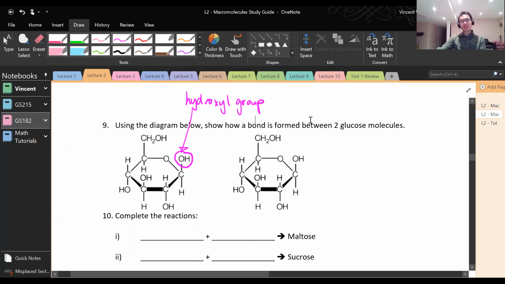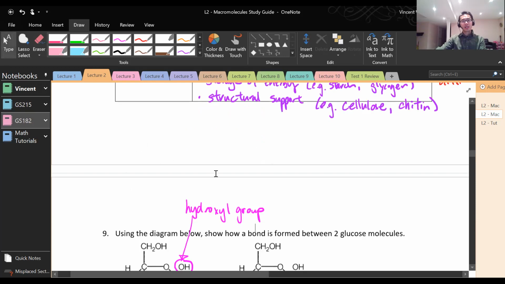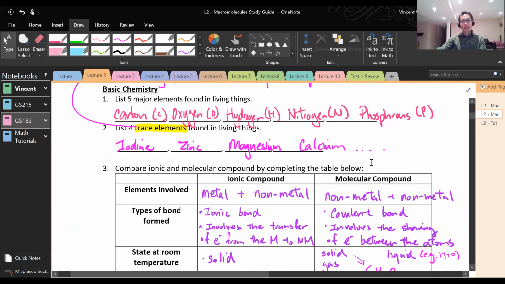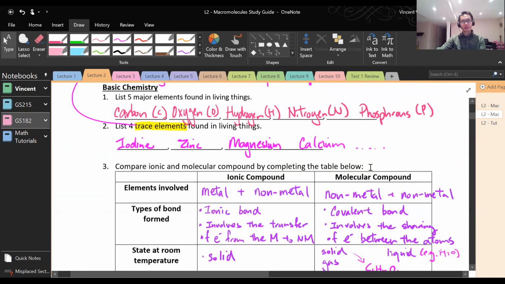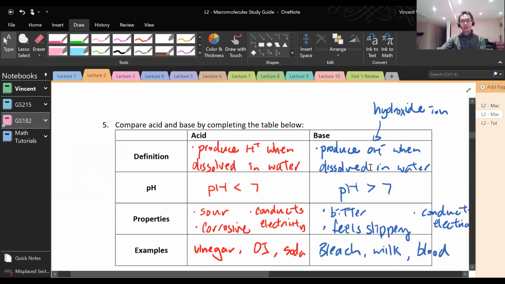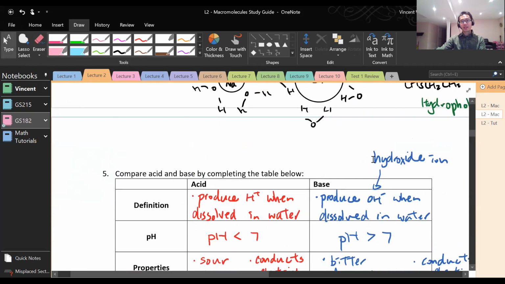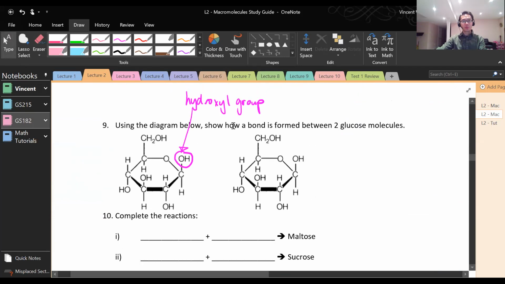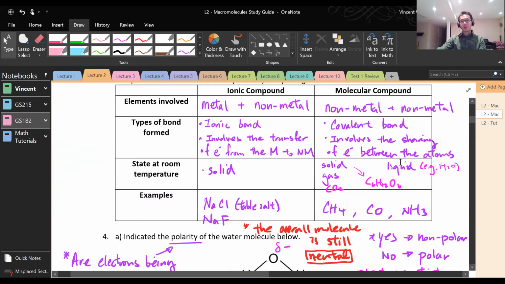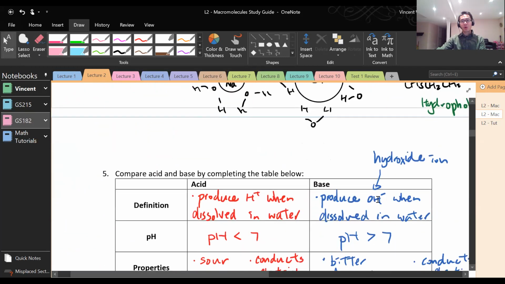Now, just in case you're confused, earlier I said OH is hydroxide ion, and now I'm saying hydroxyl group. How are they different? Well, the hydroxide ion is OH minus, which is what a base will produce when you put it in water.